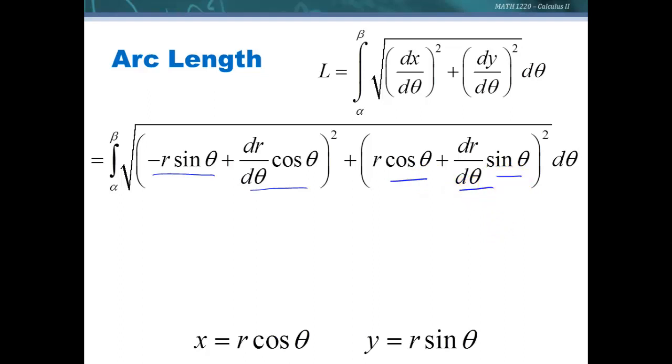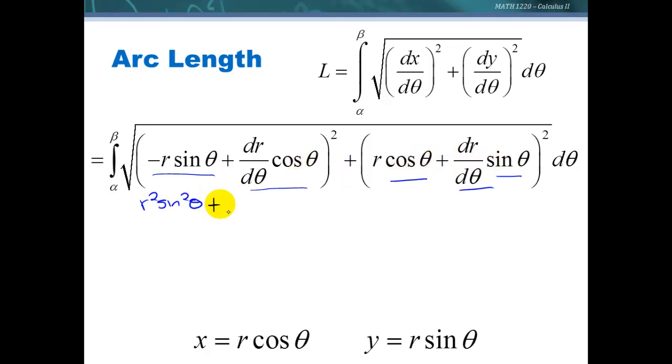Now, if we multiplied all this out, we could simplify this. This one would give us an r squared sine squared theta, and the middle term would be negative 2r dr d theta sine theta cosine theta, but the middle term over here is going to be the very same thing but positive, so those middle terms are going to cancel.